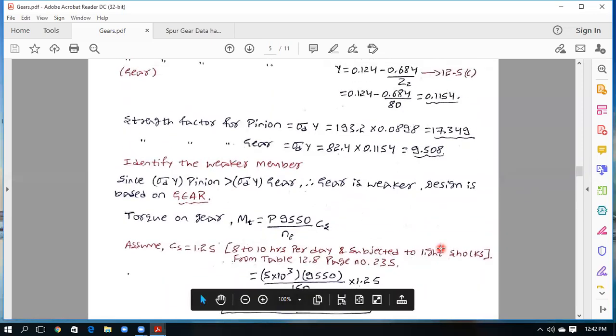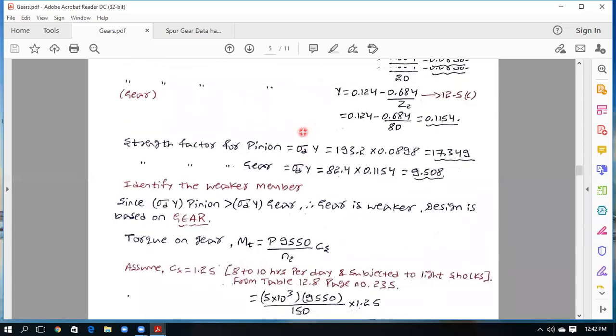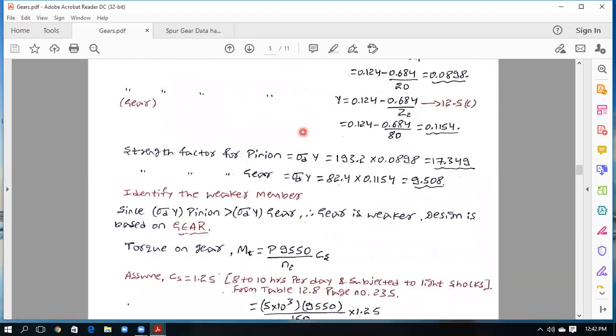To identify it, the sigma D value I noted down from the table has to be multiplied with the Lewis's form factor. Whichever has the lesser value is treated as the weak member.